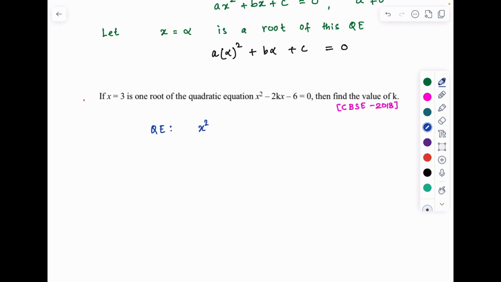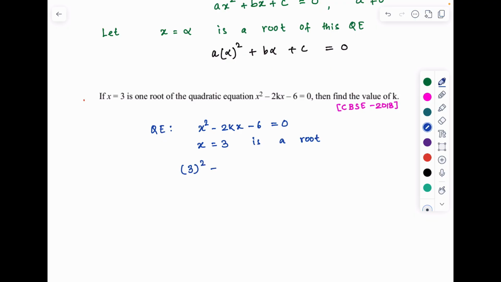Here the given equation is quadratic, x² − 2kx − 6 = 0, and x = 3 is the root. We are not bothering about the other root. x = 3 will satisfy this equation.